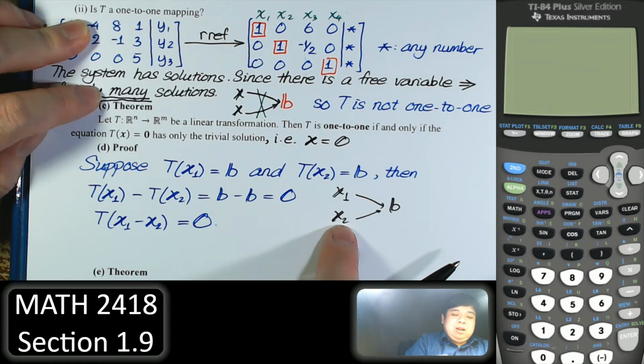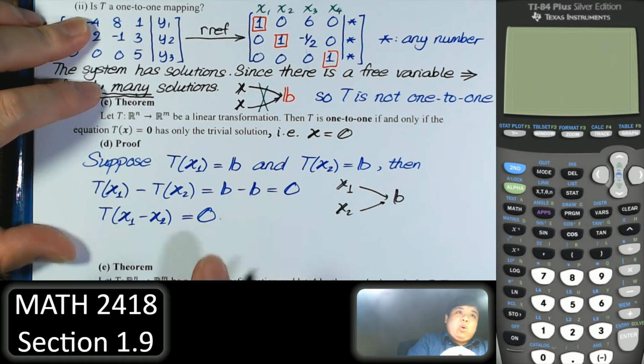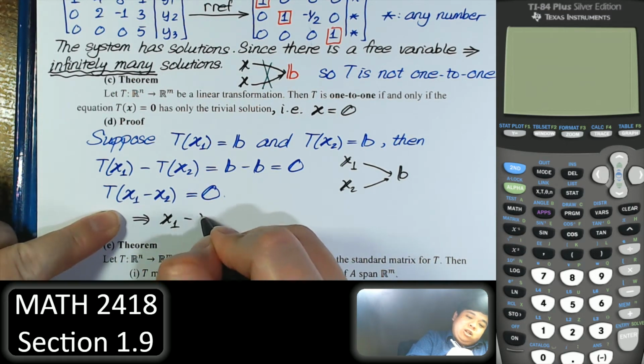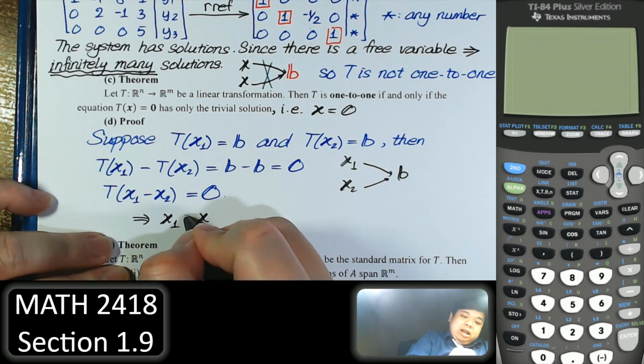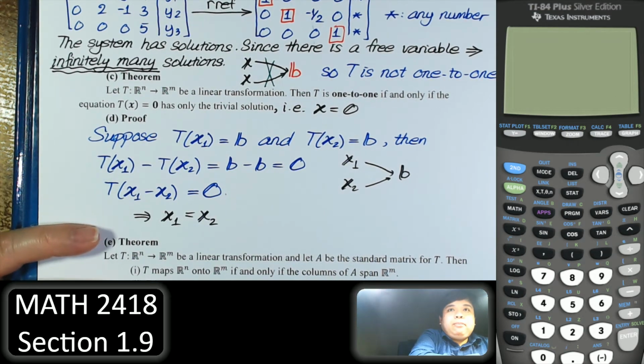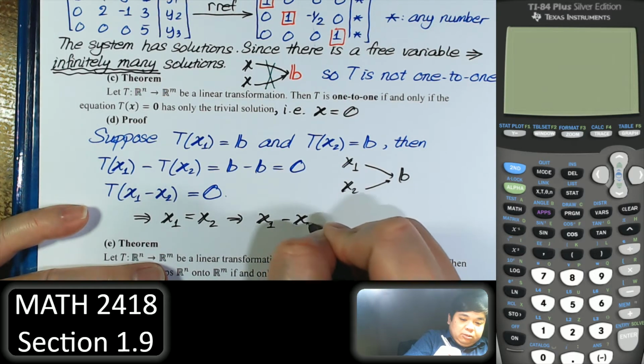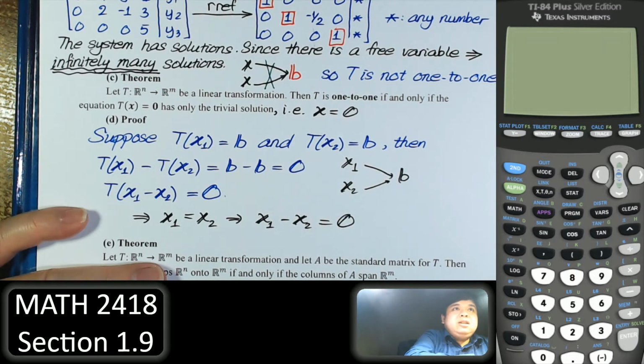So if it is 1 to 1, then x1 has to be equal to x2, which implies x1 minus x2 equals the 0 vector.